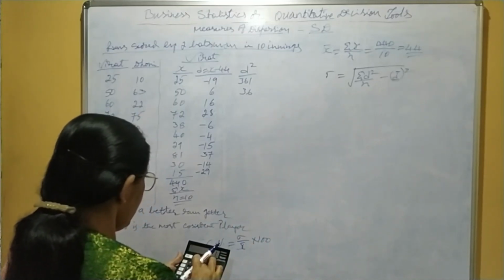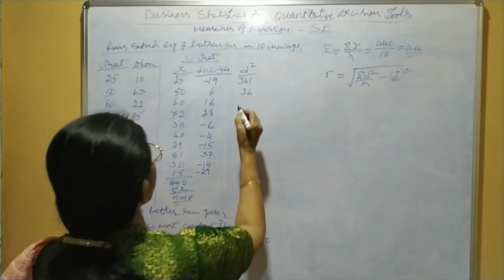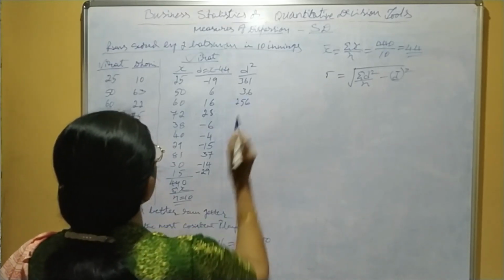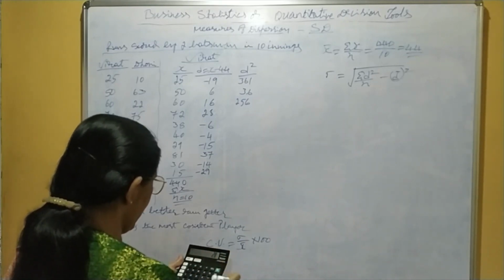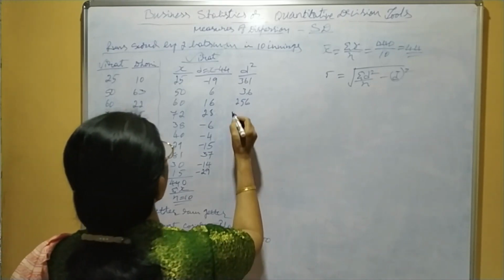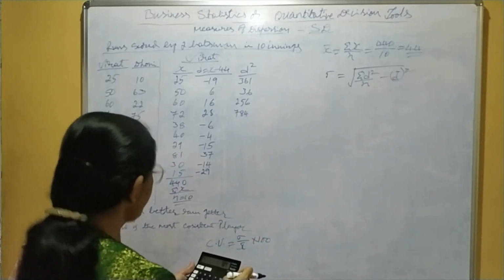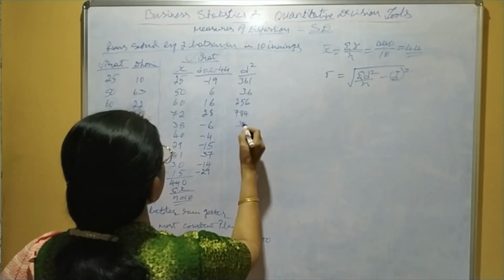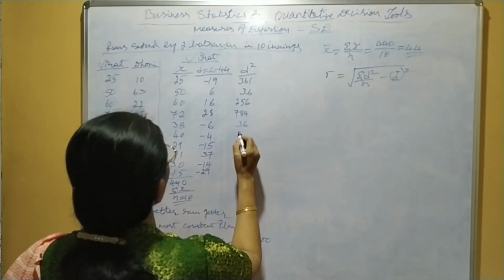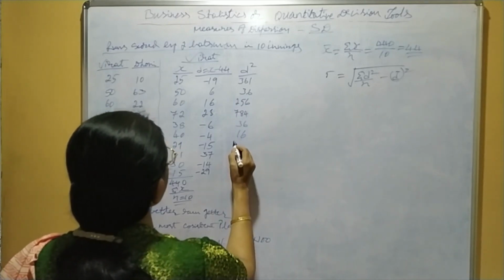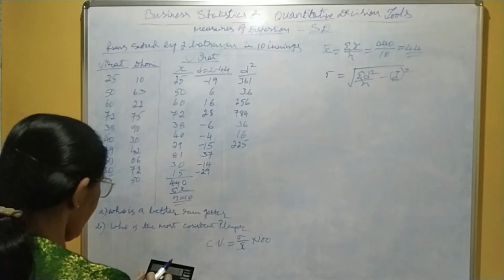Next one, 16 into 16, 256. 28 into 28, 784. 6 into 6, 36. 4 into 4, 16. 15 into 15, 225.